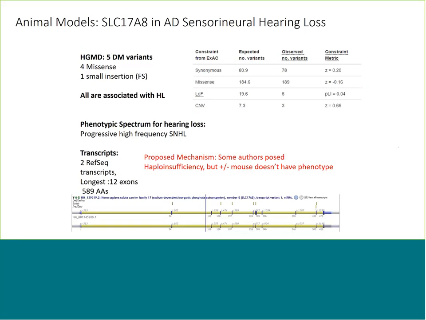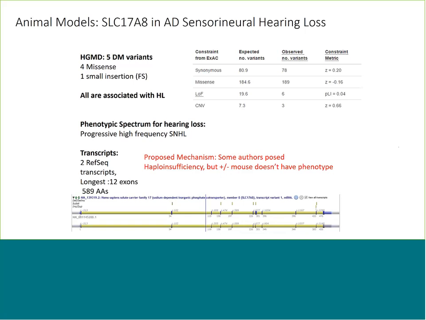Oftentimes we'll pull this from HGMD, but you could go to ClinVar, potentially to OMIM, somewhere else to find the variants that are potentially associated in the gene. In this case, we had 4 missense variants and 1 small insertion, which does result in a frameshift. And they're all posed to be associated with hearing loss.